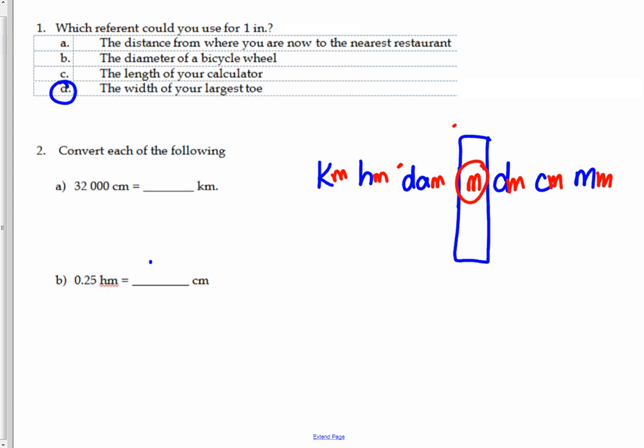So essentially, is a meter larger than a millimeter? Yes, right? So there's going to be more millimeters in 1 meter. So when we move this direction for each, essentially we're moving our decimal place.